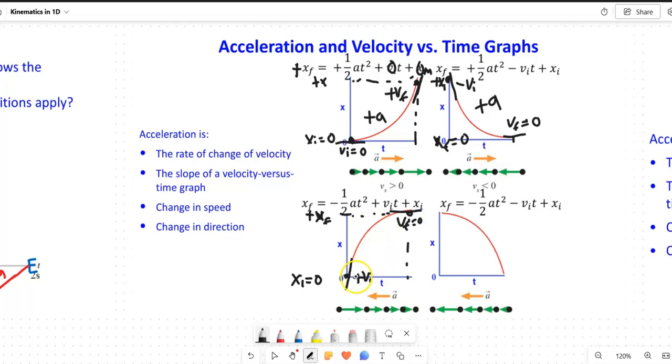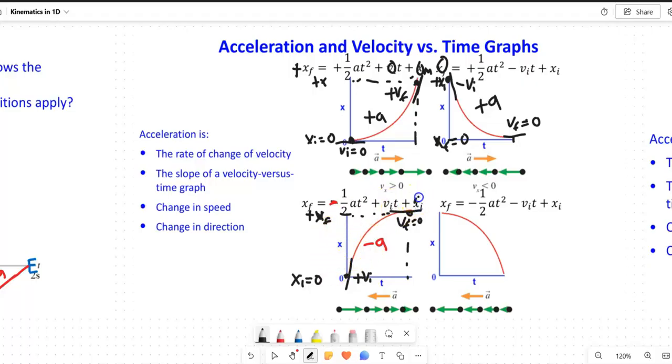So you have a positive velocity, and then you come to a stop. So you're moving to the right, and eventually you come to a stop. That means something had to be pushing you to the left. Okay, so your acceleration is going to be negative. You're moving to the right, something's pushing you to the left and slowing you down. So that's why your acceleration is negative. Incidentally, I think we said our final position is 0, and our initial position is positive there, so that works.